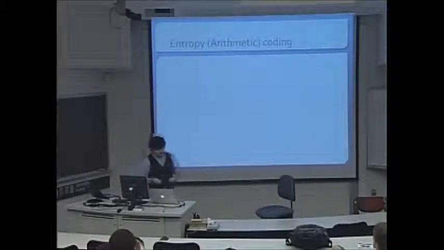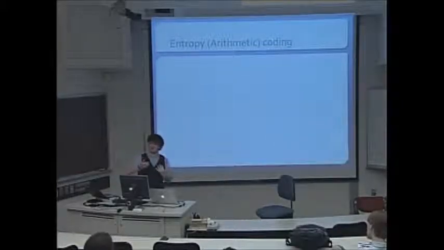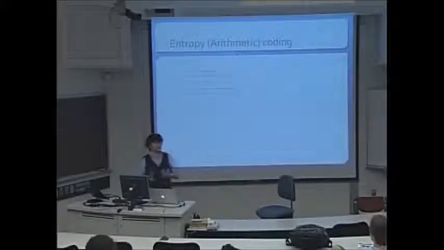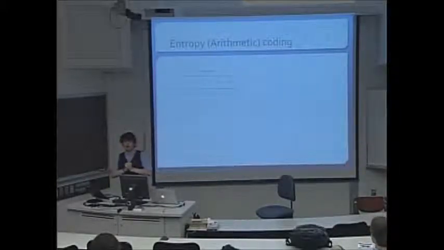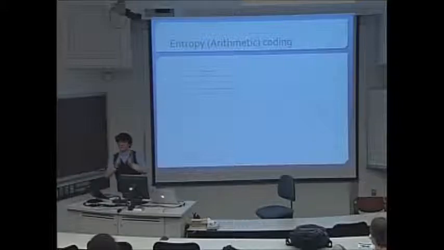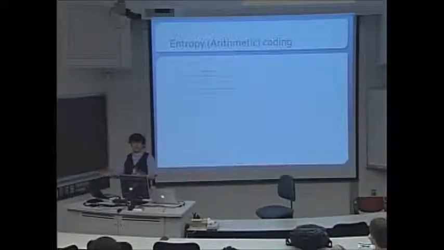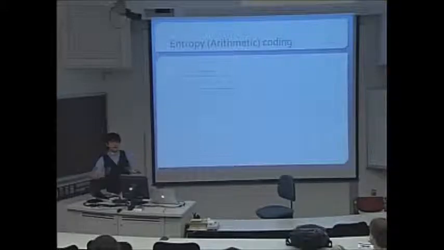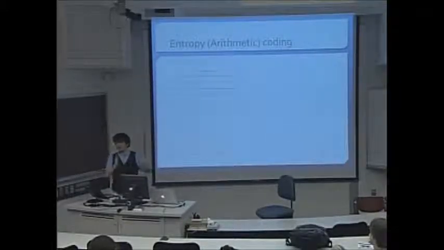The last thing I'll talk about in the introductory section will be entropy coding. Entropy coding is basically the idea that if you know how probable your various tokens in your input can be, then you can get rid of fixed length encoding, where everything is the same length, and say things that are more often should be shorter, should be easier to put on disk.